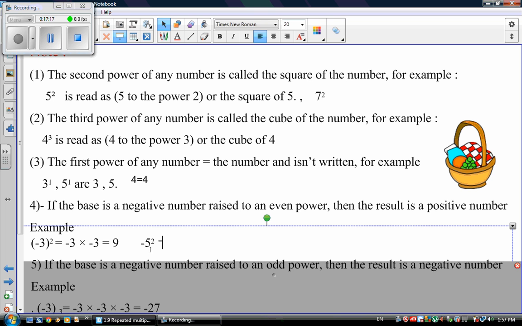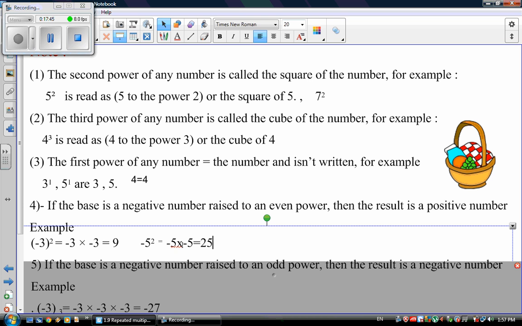Notice that negative 5 is the base and the base is negative. The power is even, so the answer will be a positive answer. So negative 5 times negative 5, negative times negative will be positive, and 5 times 5 will be 25.